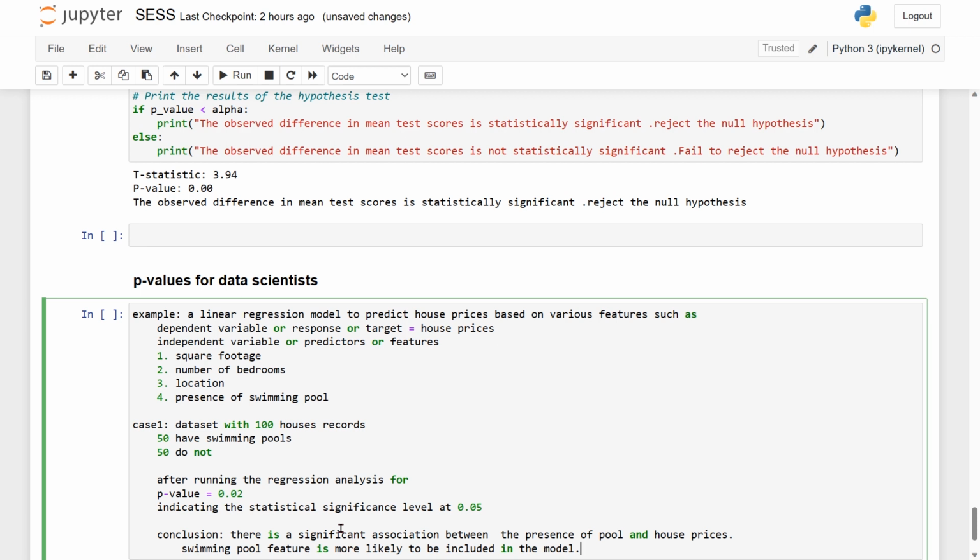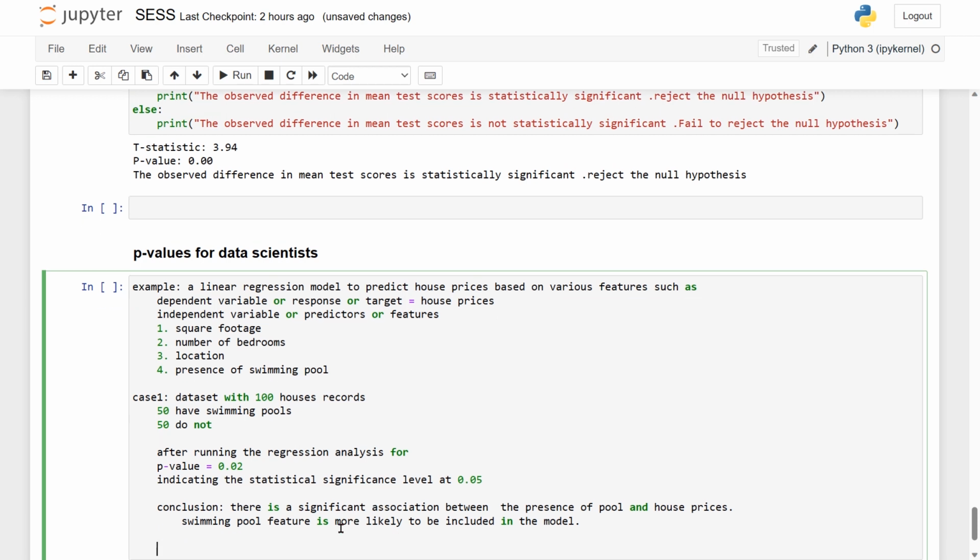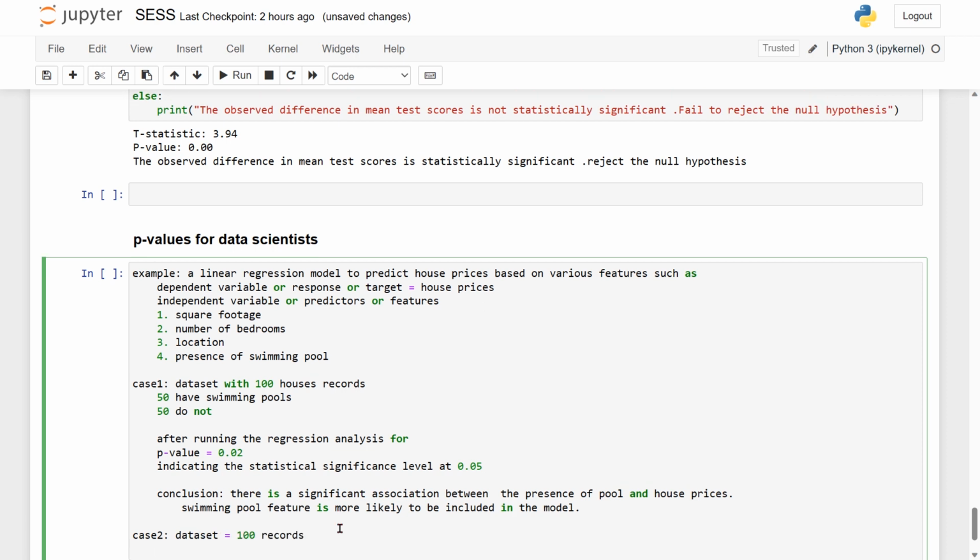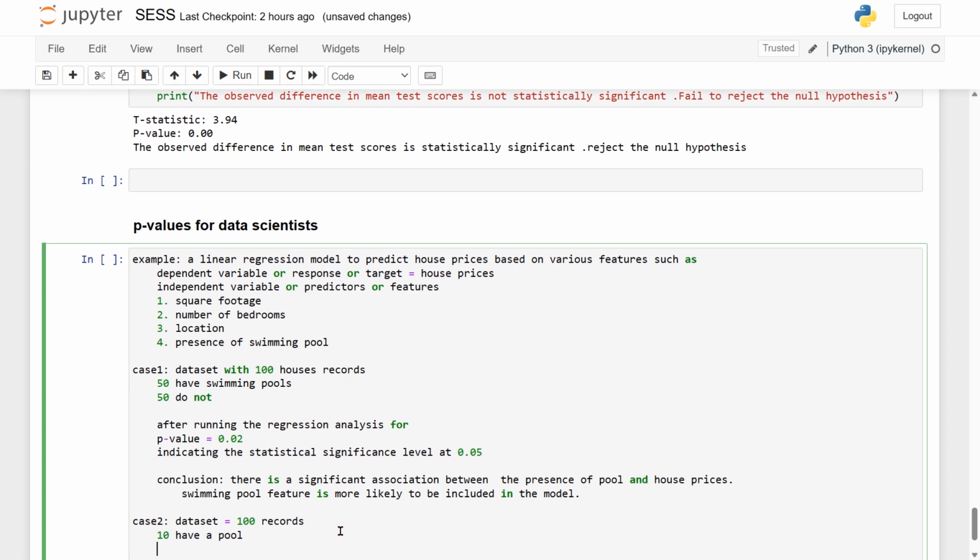On the other hand, if you take case 2, where the data scientist collects data on 100 houses, the same data set of 100 records, but this time 10 of them have a swimming pool, and the rest do not.